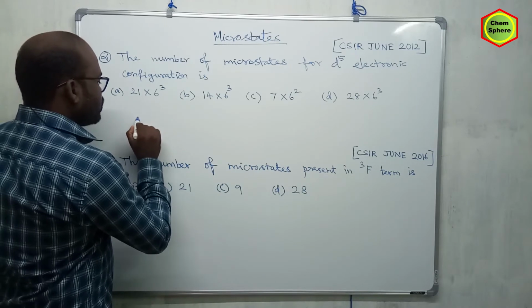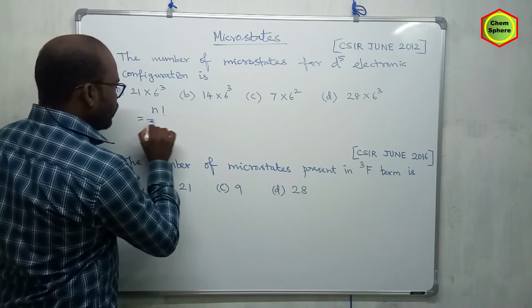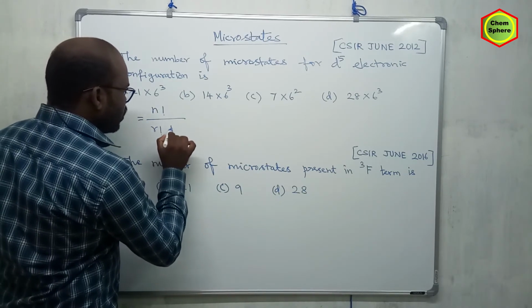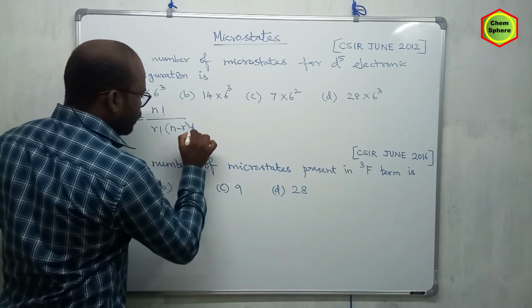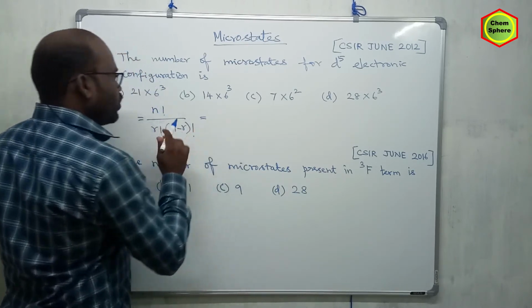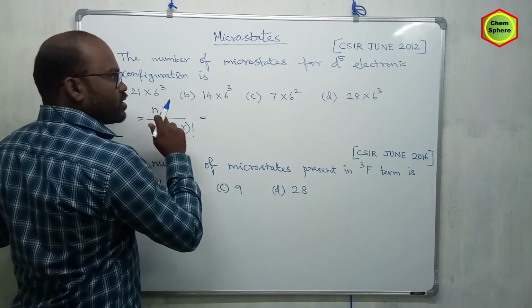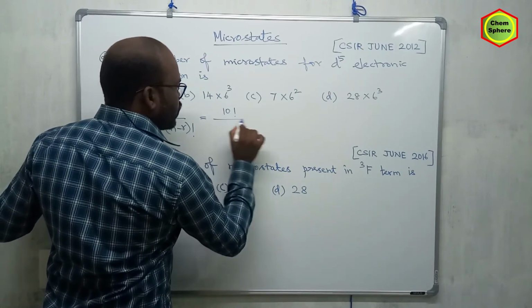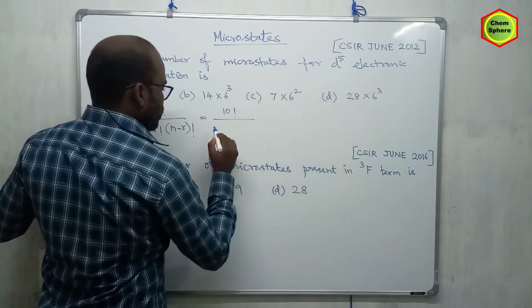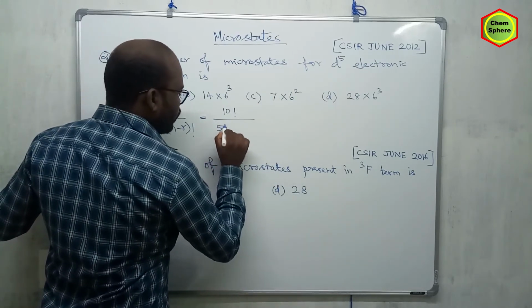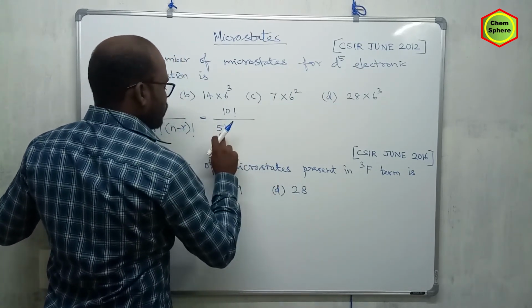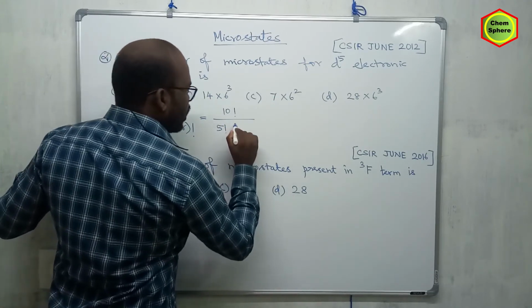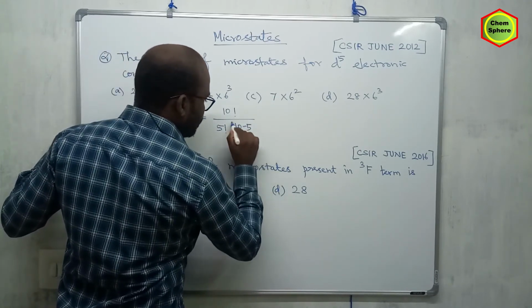The formula is n factorial divided by r factorial into n minus r factorial. When we apply the formula, n means twice the number of orbitals, that is 10 for d. Then r, the number of electrons, is 5, and then 10 minus 5 factorial.